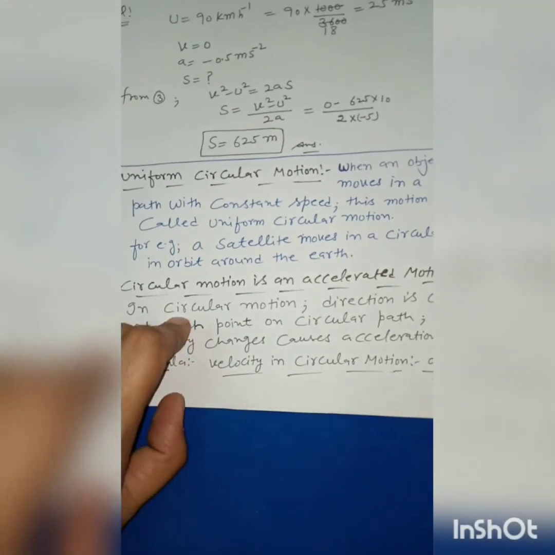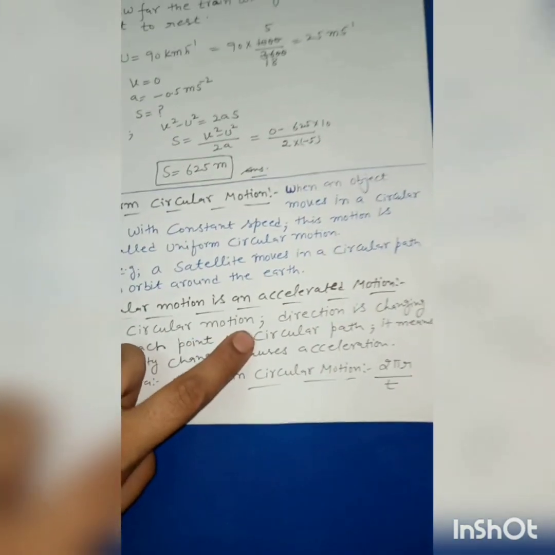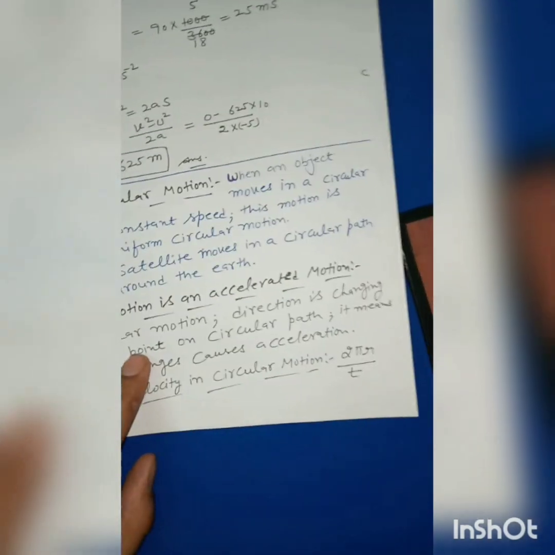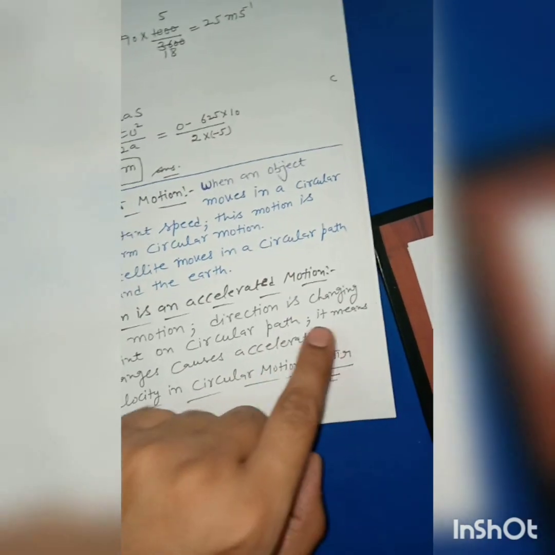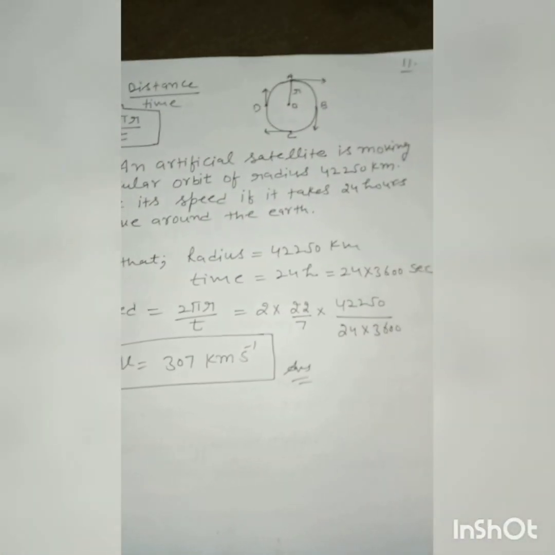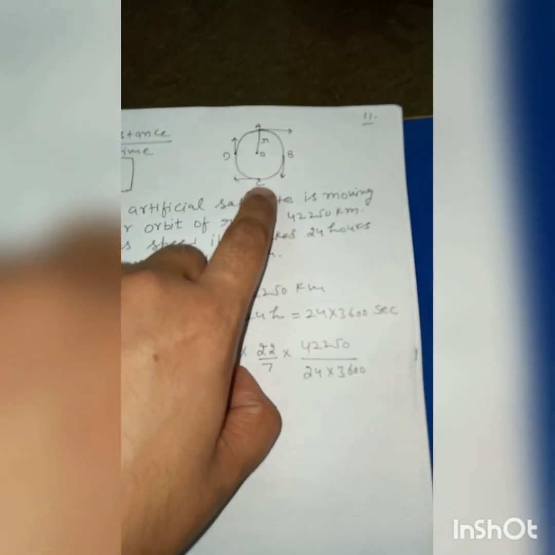because in case of circular motion, direction is changing continuously at each point. You can see from this figure, object is moving in a circular path. At A point, direction of velocity is this, B point here, C point here.